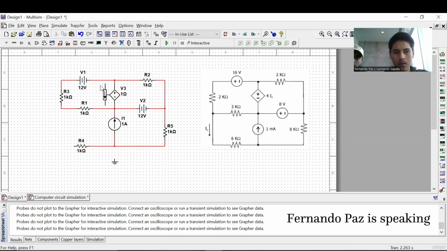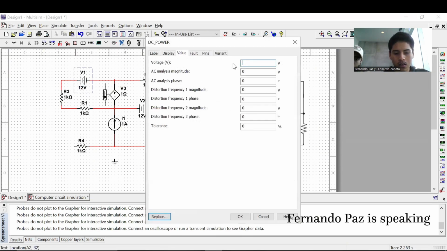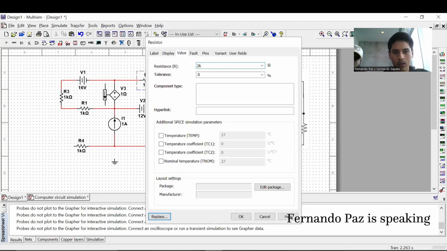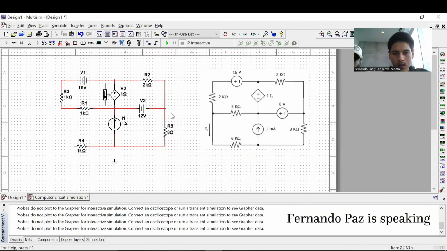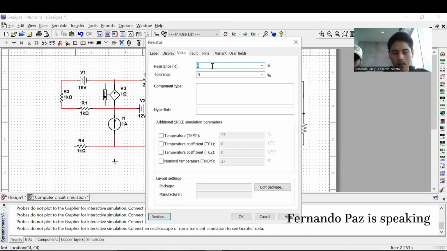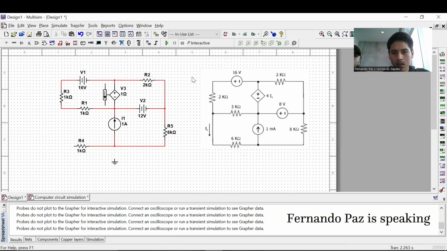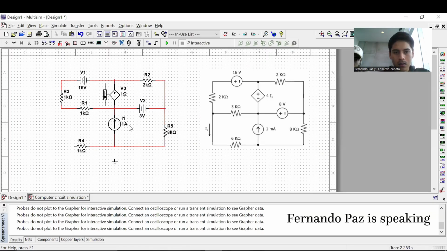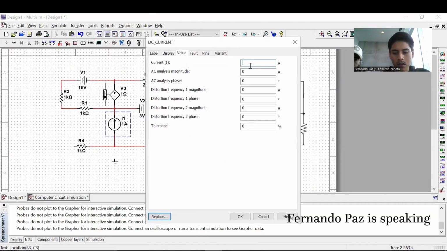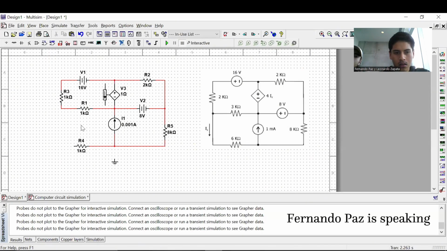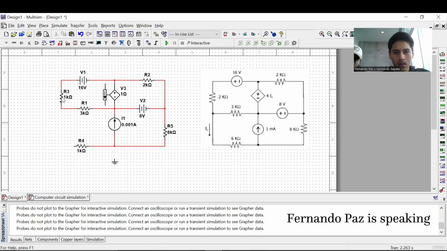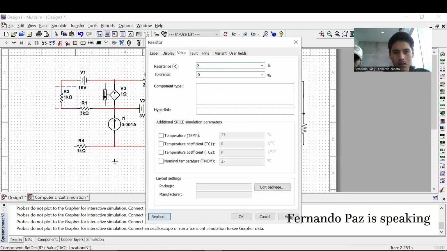Next thing I'm going to do is change all the values. 16, 2, 8, 1 milliampere, then 3, and 2.